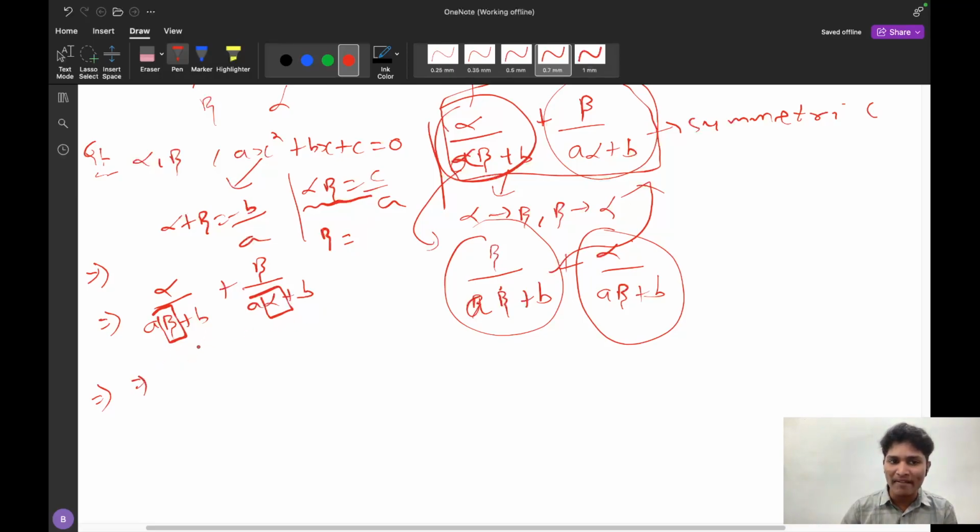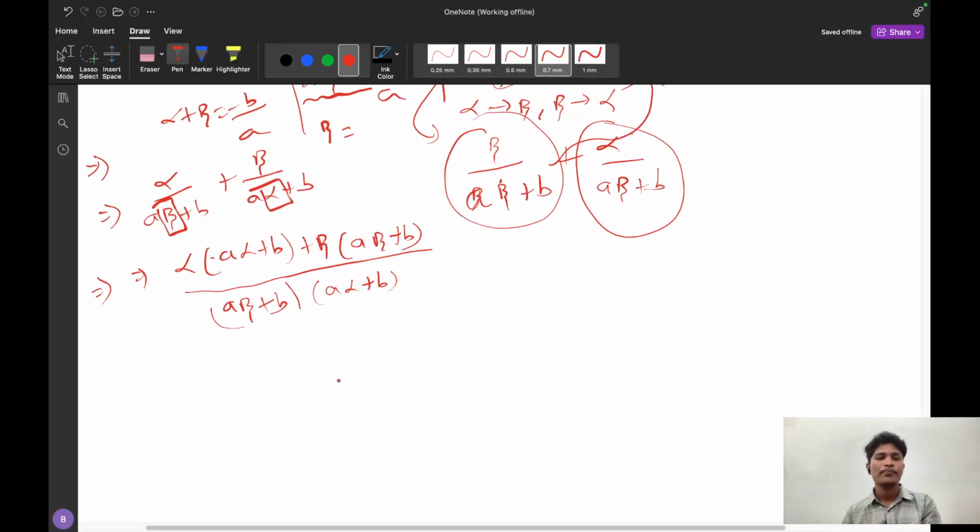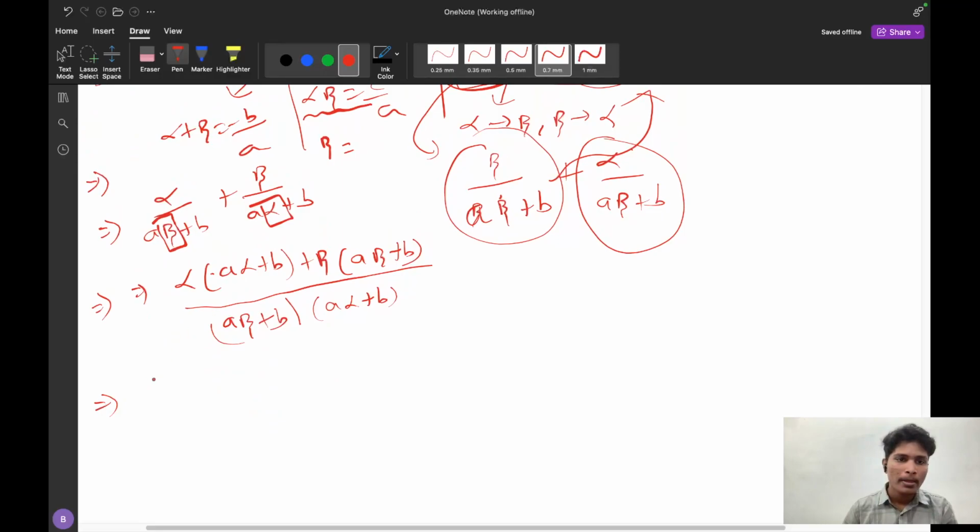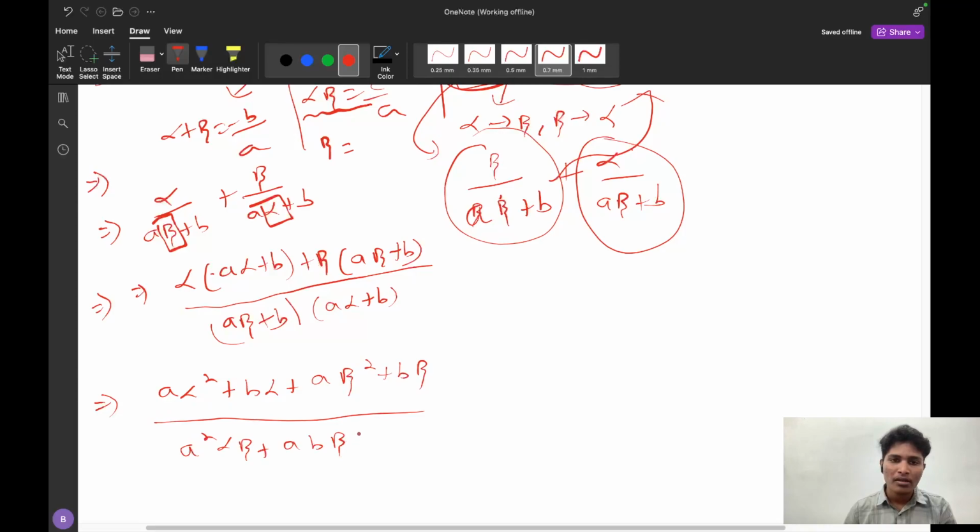I can directly multiply the values, that is alpha into a alpha plus b, plus beta into a beta plus b, divided by a beta plus b into a alpha plus b. Now I have to multiply this: a alpha square plus b alpha plus a beta square plus b beta, divided by a square alpha beta plus ab beta plus ab alpha plus b square.